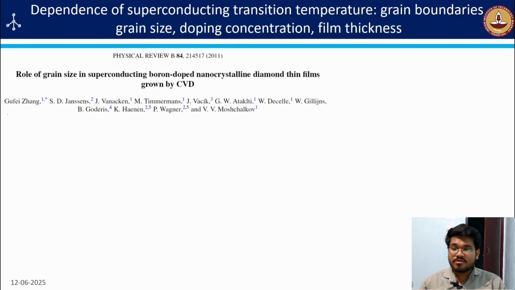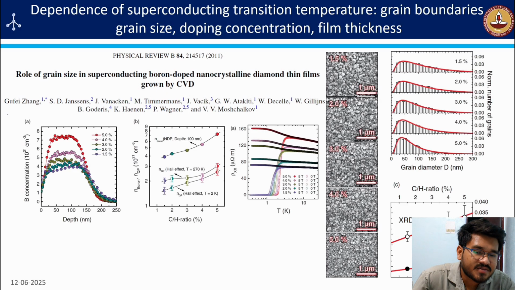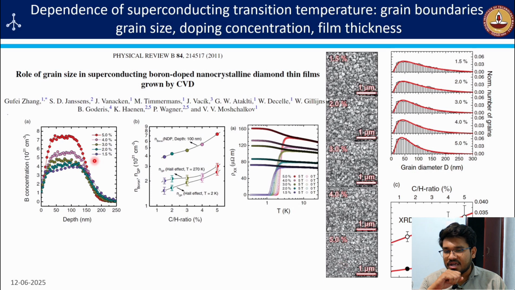But there is another report on the role of grain size in superconductivity in boron-doped nanocrystalline diamond thin films. Fascinatingly, these people have seen that if you increase the methane concentration, we know the grain size decreases. What is the effect on Tc? They have seen that if you increase the methane concentration, your morphology changes from microcrystalline to nanocrystalline diamond. From the SIMS profile data, you can directly measure the boron concentration, and you can see you can achieve a higher level of boron concentration if the methane to hydrogen ratio is high, for a highly granular sample.